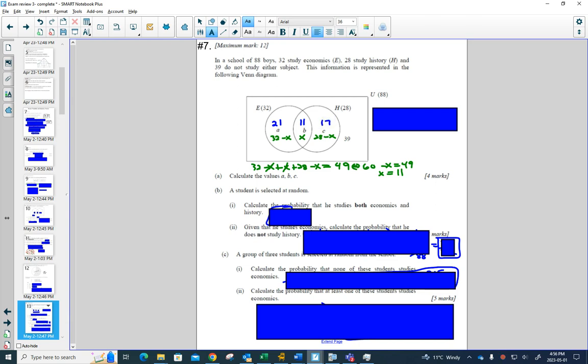Because you know there's 88 in total, so there's going to be 49 in those 3 boxes in the middle. Okay?